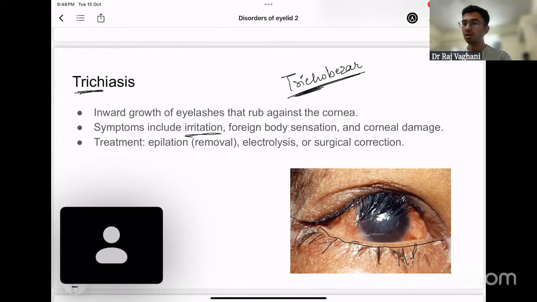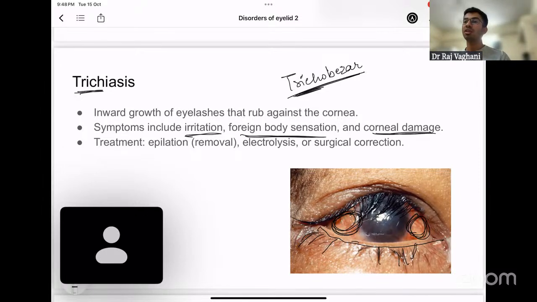You can see here that the conjunctiva has become red because it has been inflamed. So the symptoms include irritation, foreign body sensation, and corneal damage. These are all the symptoms that can happen due to trichiasis.